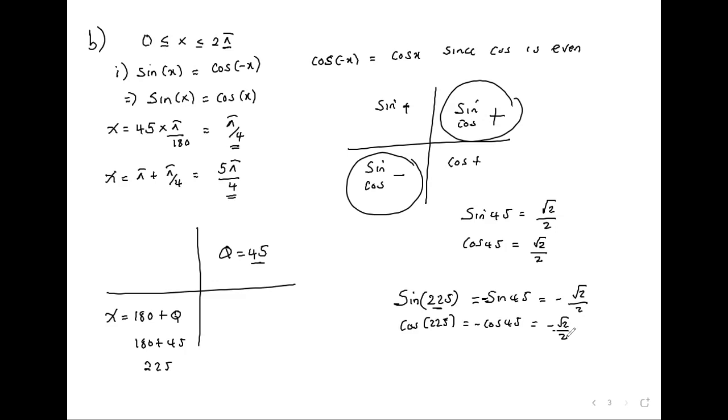Okay, what about the second one? Same question: cos x plus sine 2x is equal to 0. So you write cos x plus, what is sine 2x? That is 2 sine x cos x, equals 0.